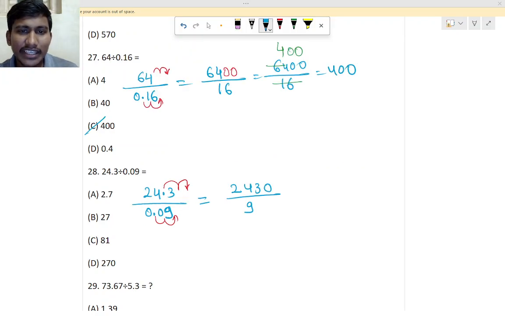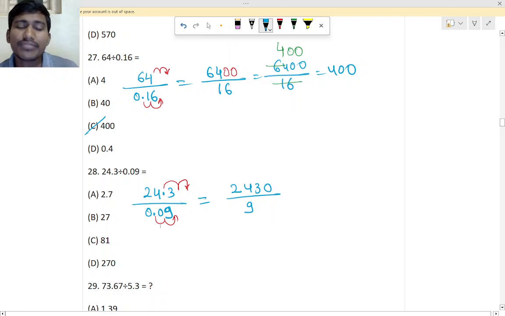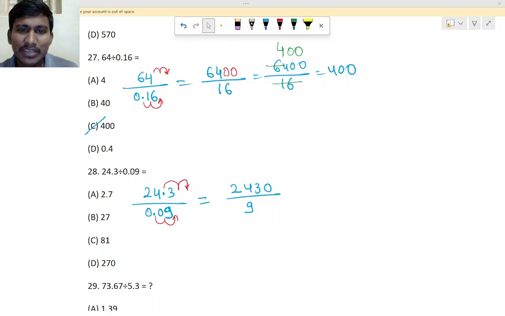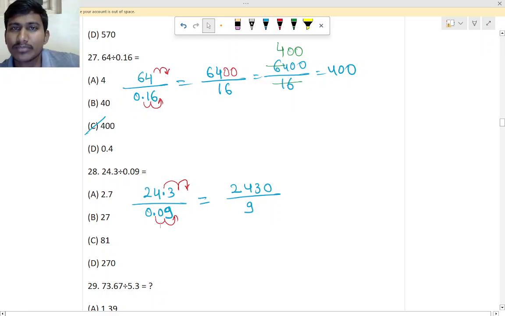Here in the 28th question, first we shift the decimal place in the denominator, right? There are how many decimal places in the denominator? 2 decimal places are there here. So 2 times you have to shift. Now we have to shift the numerator also. Only 1 decimal place is there.